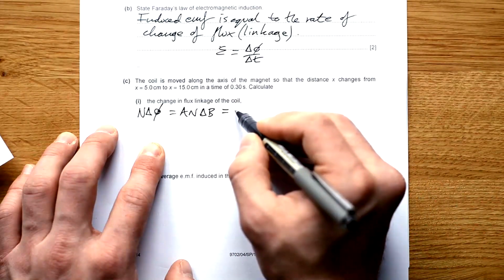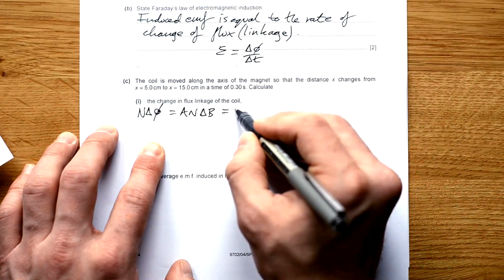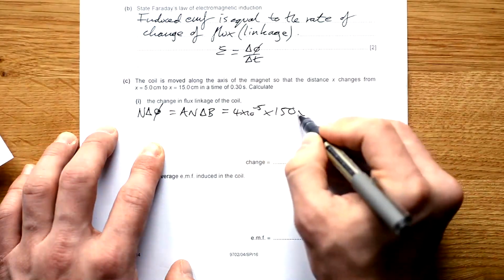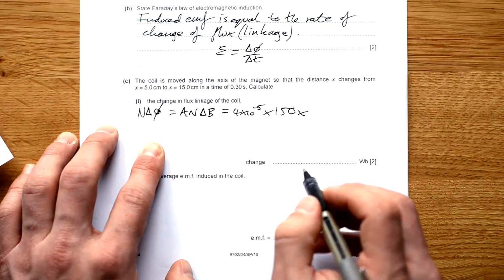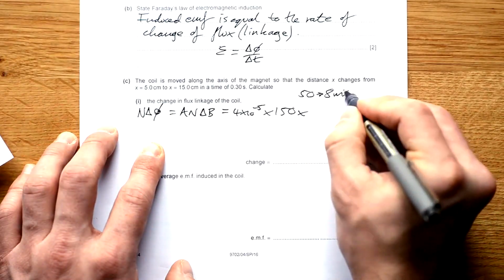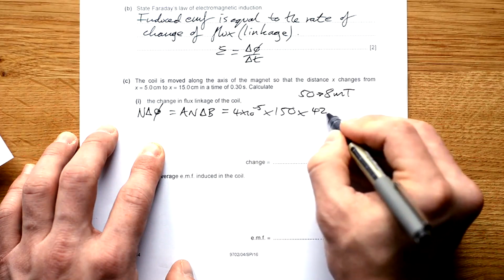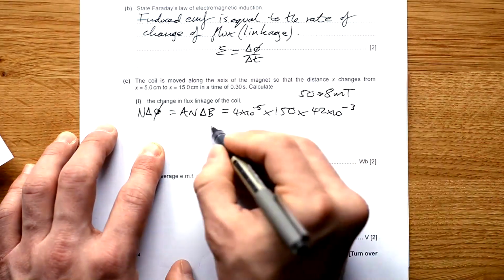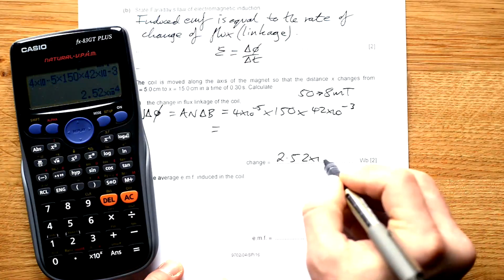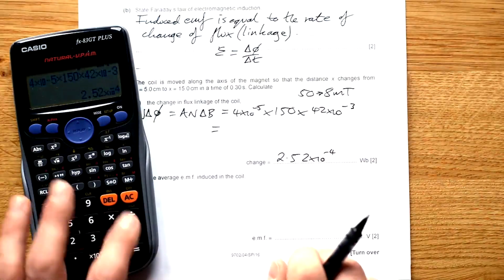So that's our area, which we already have from earlier, 4 times 10 to the minus 5, times the number of turns, times our difference in flux density. We started at 50 and went to 8 milliteslas, so that's 42 times 10 to the minus 3 because it's milli. That gives us 2.52 times 10 to the minus 4 Wubs, or Wub turns.